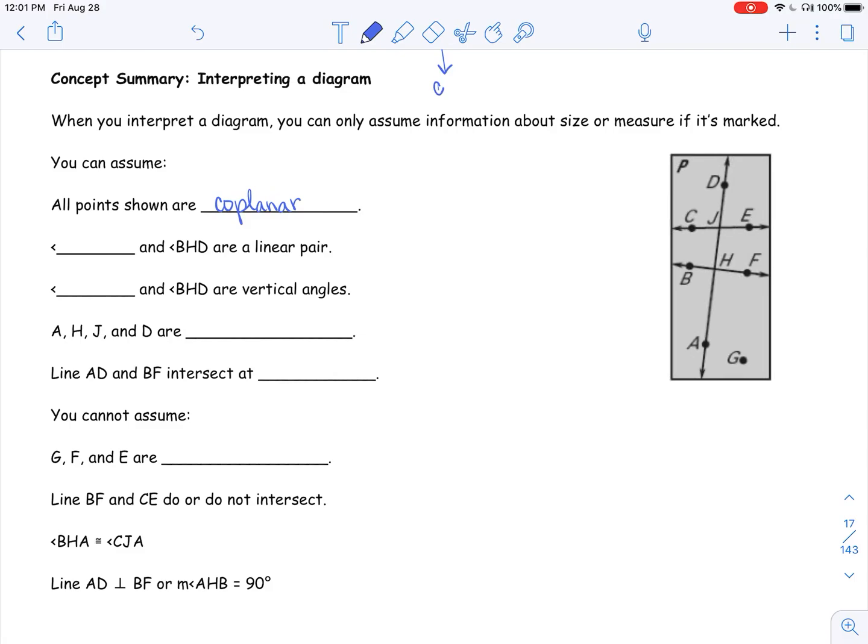Angle FHD and BHD, so here is BHD, so that would be FHD, are a linear pair, and BHD and FHG would be our vertical angles. A, H, J, and D are all collinear.